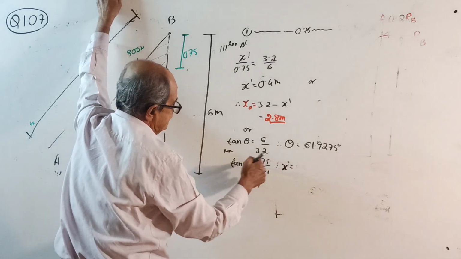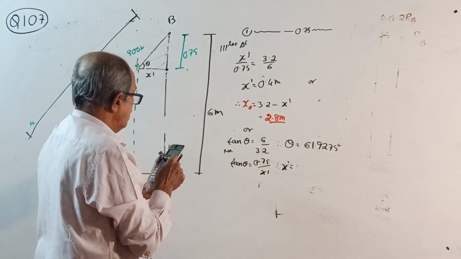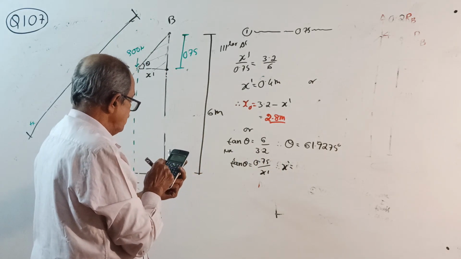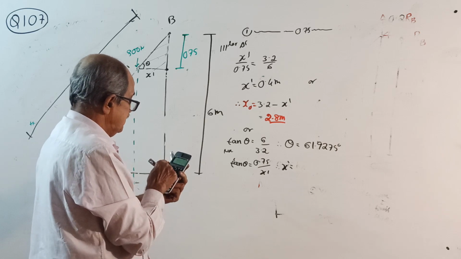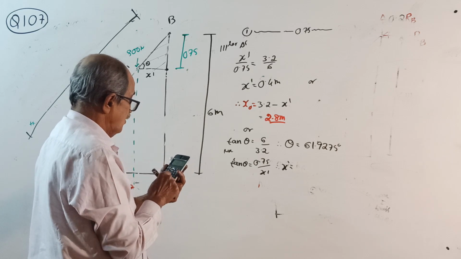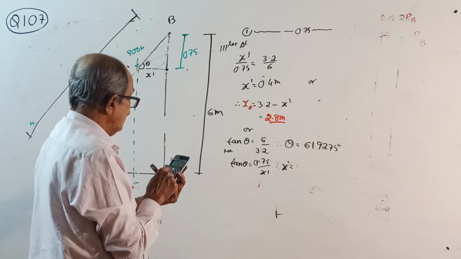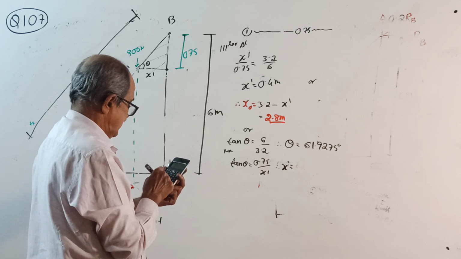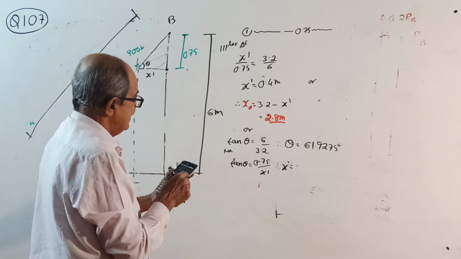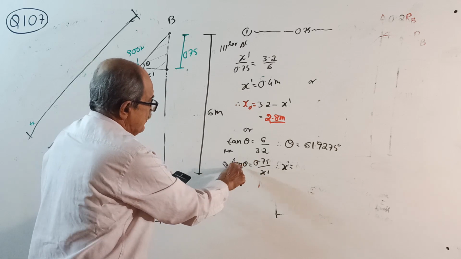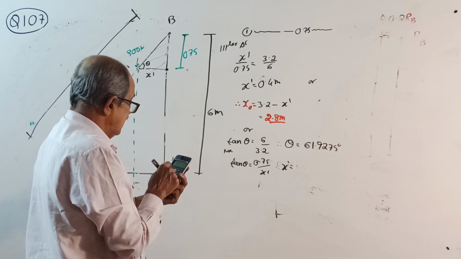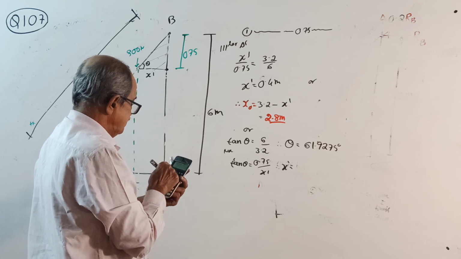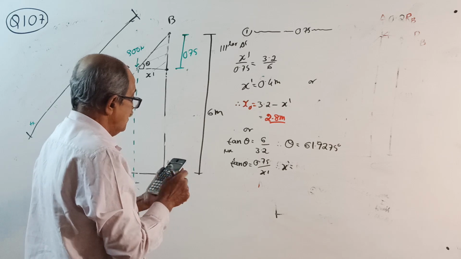Therefore, calculate x dash. Whatever number I got for theta, I will store in memory, store in A, because it is a fractional value. Then 0.75 divided by tan of A is 0.4 meter.